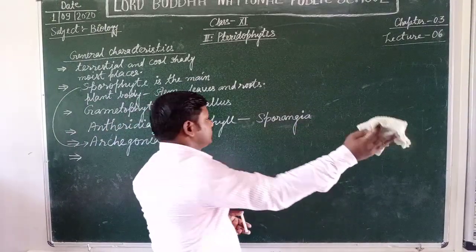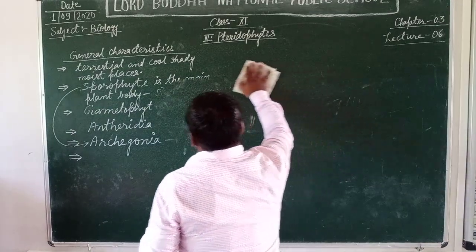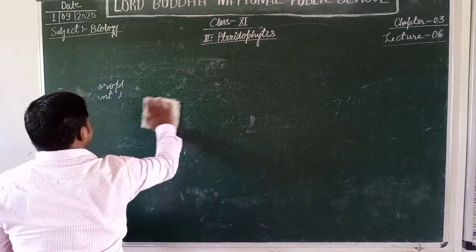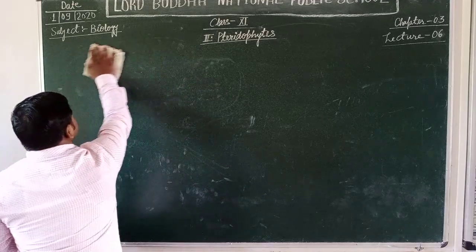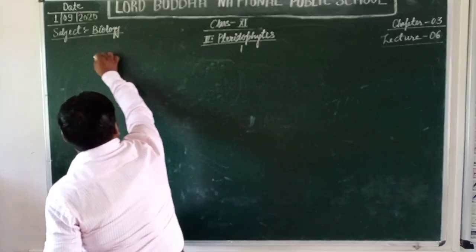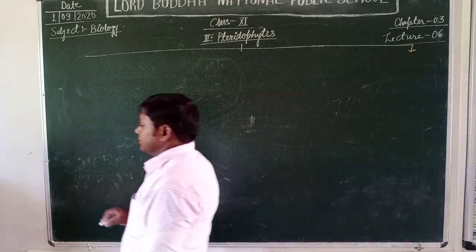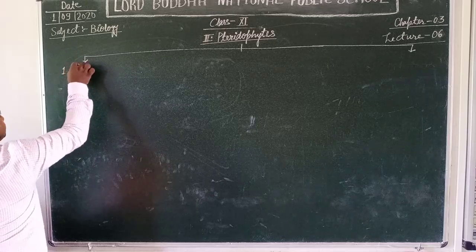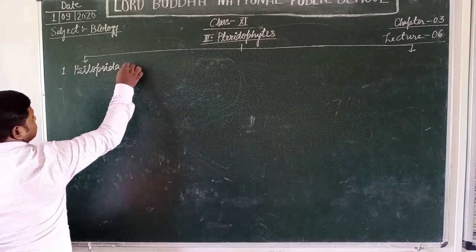Now students, we are going to discuss the subgroups of the division pteridophytes. The pteridophytes are further subgrouped into the following four groups. What are these? The first one is Psilopsida or Psilophyta.